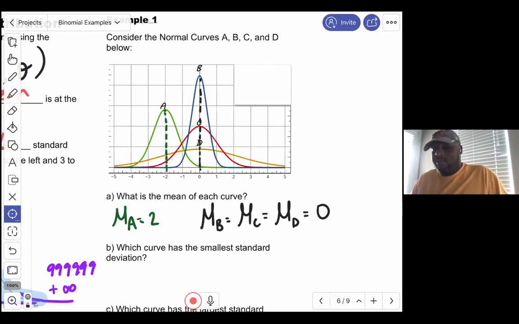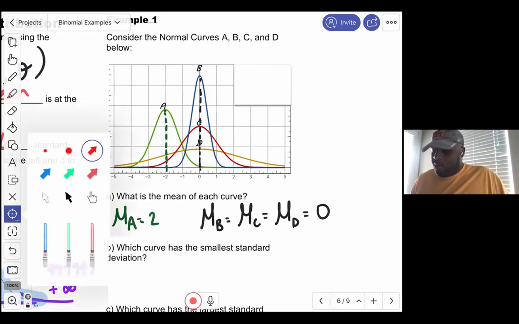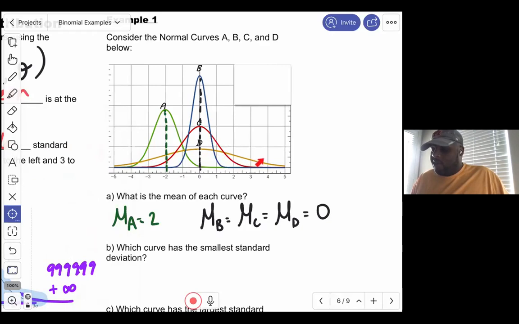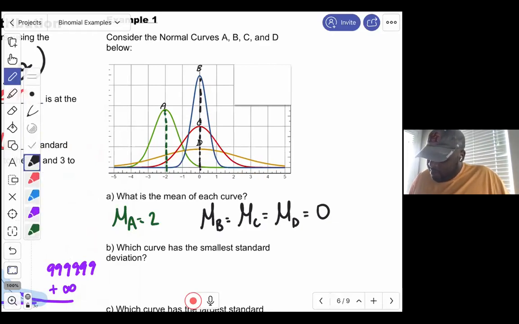What you're looking at is how spread out the curve is. The more spread out, the wider the curve, the larger the standard deviation. The tighter the curve, such as this blue curve right here, the smaller the standard deviation. That's because you're packing more information inside. So the one with the smallest standard deviation is the tightest curve, which is curve B.